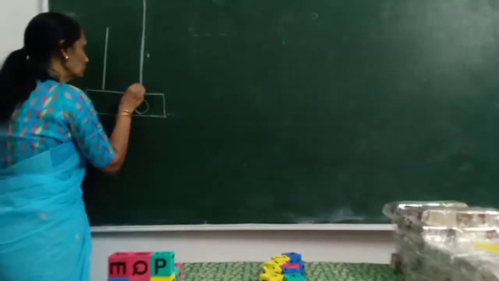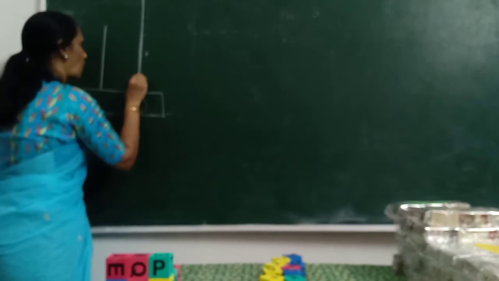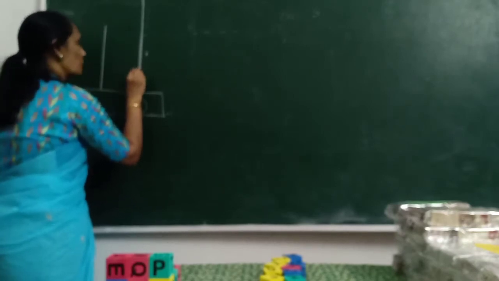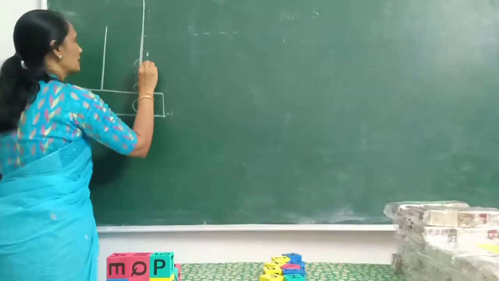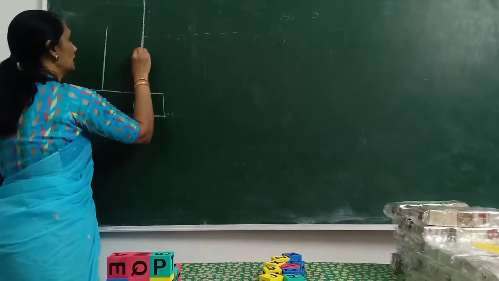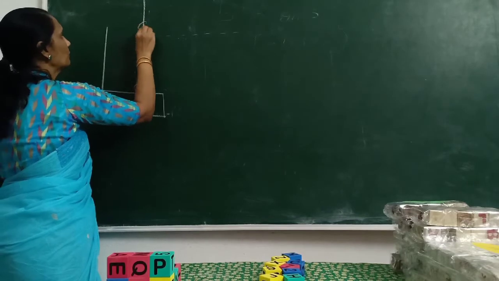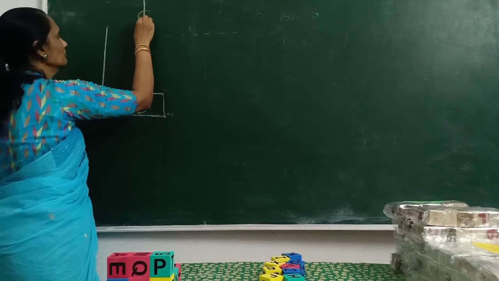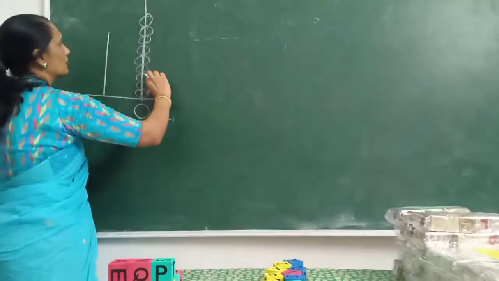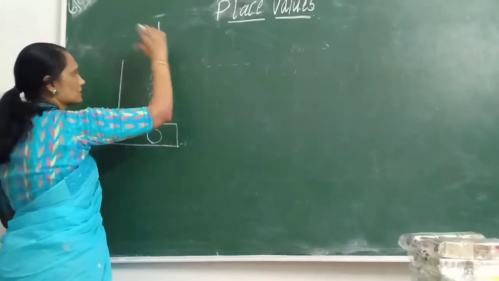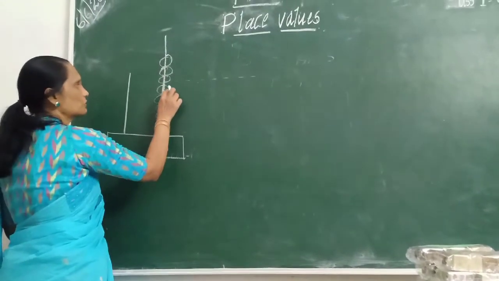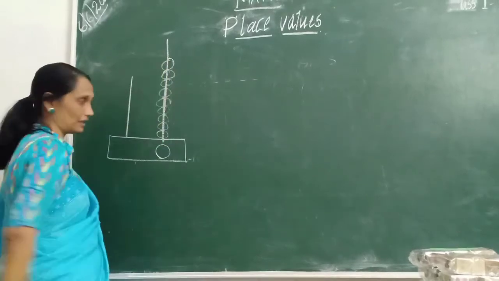So we have to place beads on the abacus. How many beads do I have to put? I have to put 9 beads, right? If I put 9 beads, it will become 9. 3 plus 3, 6 plus 3, 9. 1, 2, 3, 4, 5, 6, 7, 8, 9 beads.